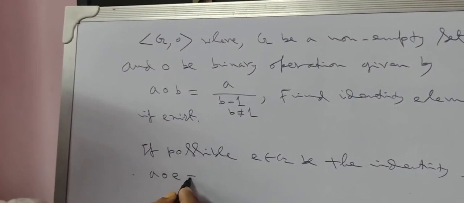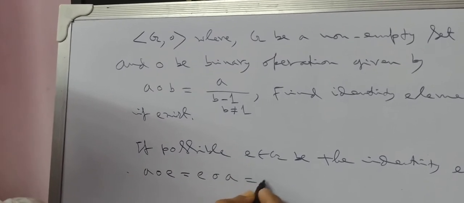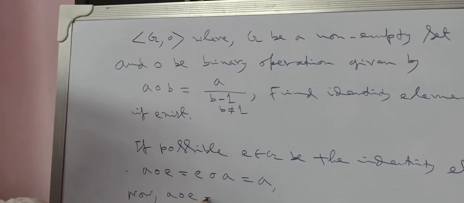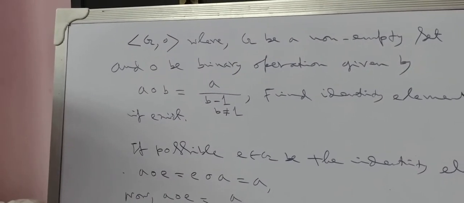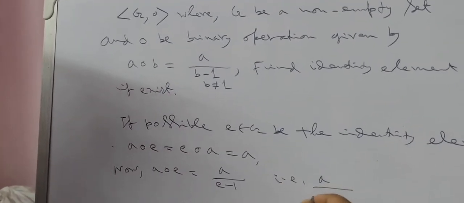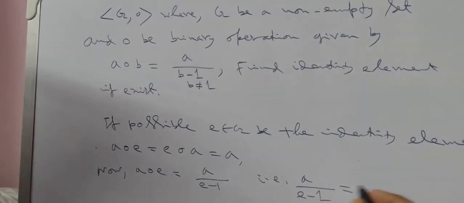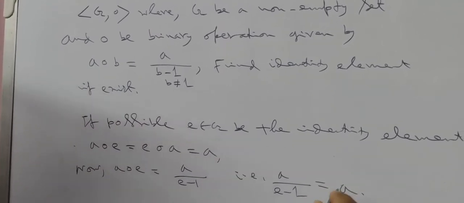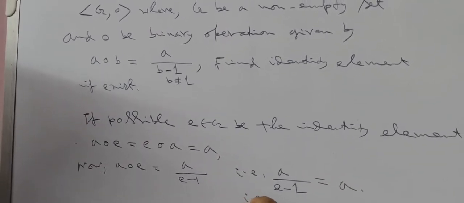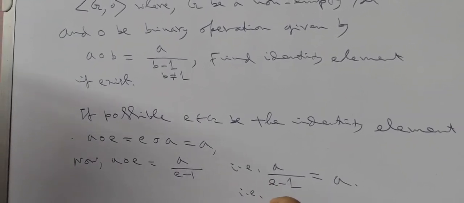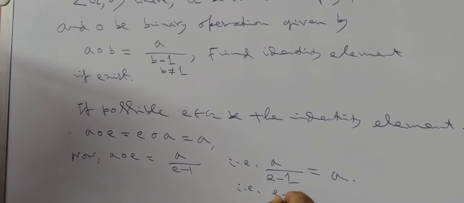A composition E is equal to E composition A, that will be A. Now A composition E will be A by E minus 1, that is A by E minus 1, that will be A. A will be cancelled, so here E minus 1 is equal to 1, which implies E is equal to 2.